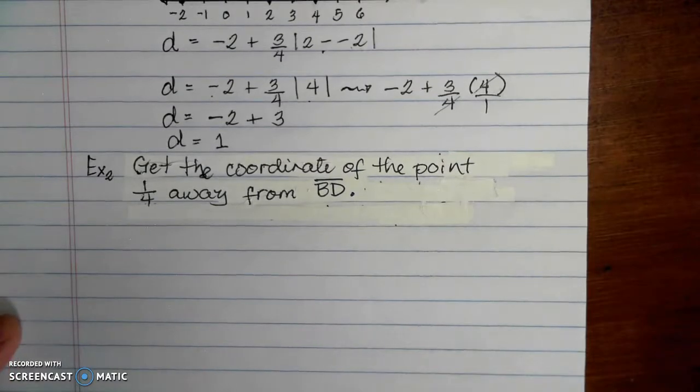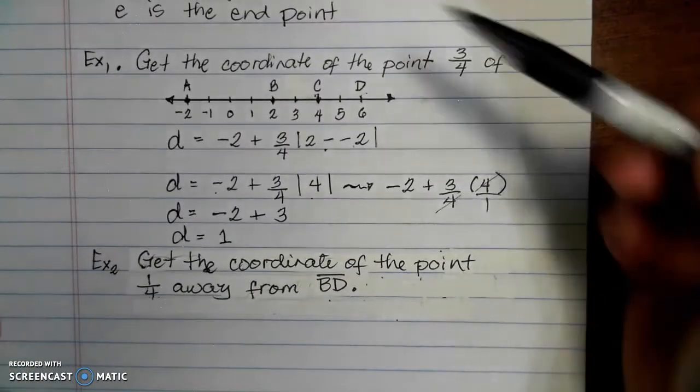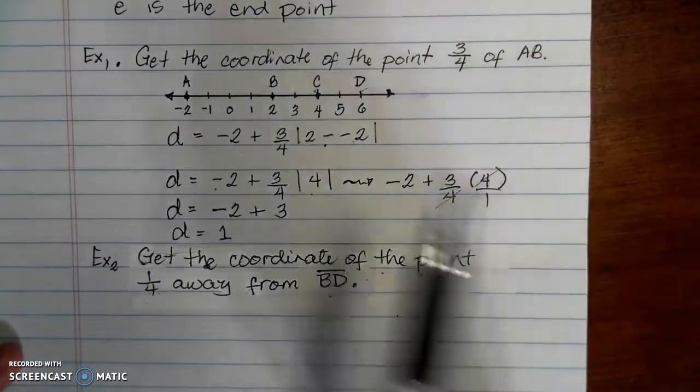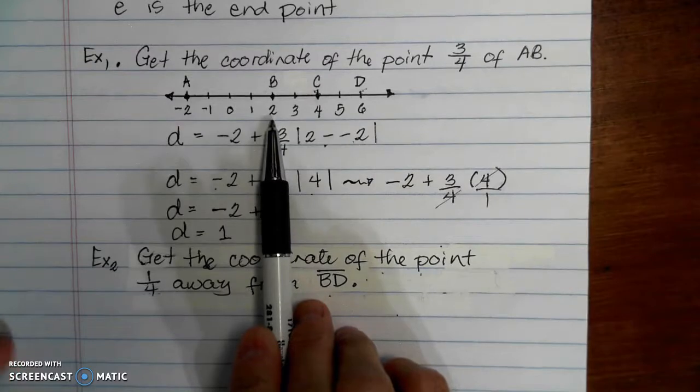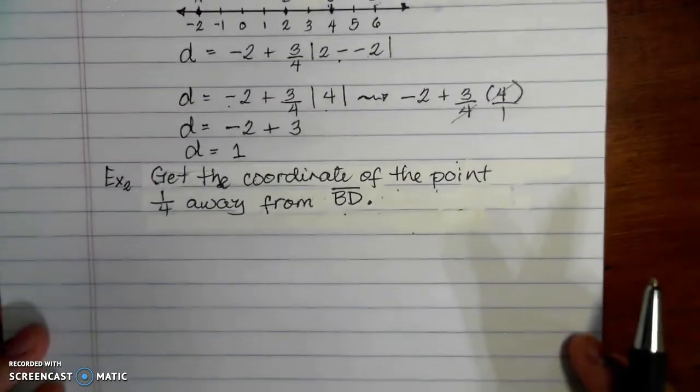Example number 2: get the coordinate of the point 1/4 away from line segment BD. So let's go back to our line segment BD. So 1/4 away from that, our beginning point is 2 and our end point is 6. So let us begin.